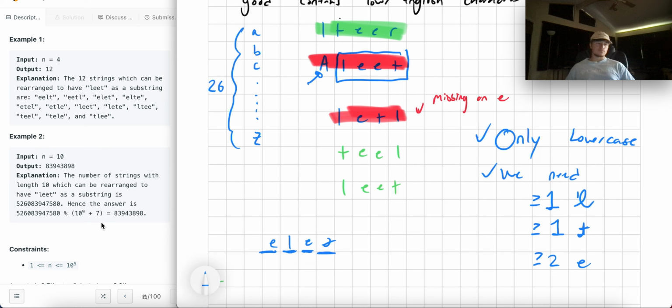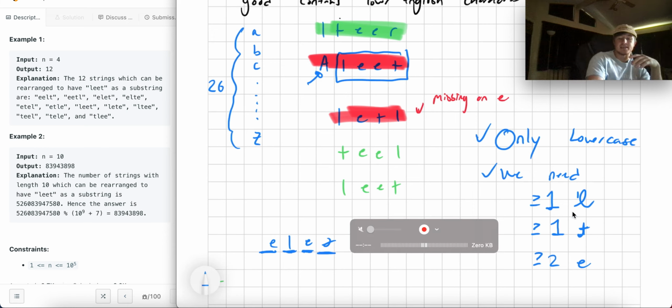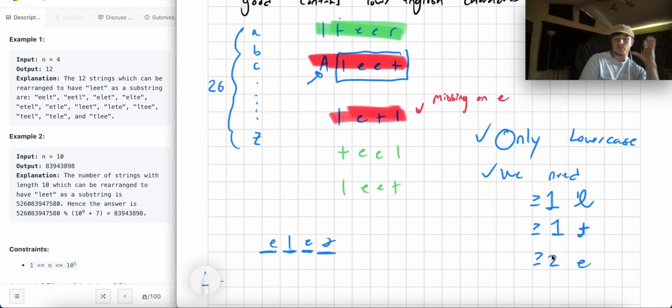Well, let's think about how this would work. So we know for sure we need these things: we need one L, we need one T, and we need one E. If we don't have any of these, it's an issue.